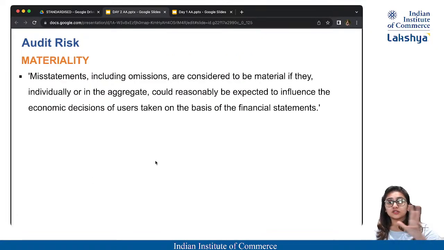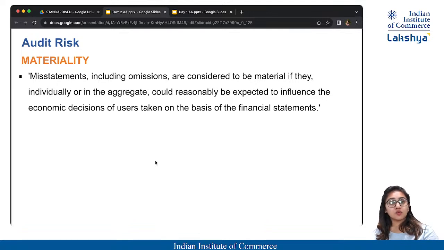Then there's so much fuss about materiality in general in audit. What is materiality and what is material, what is not material, how will you decide it, etc. What is materiality? When can I say that a particular item is material to me?